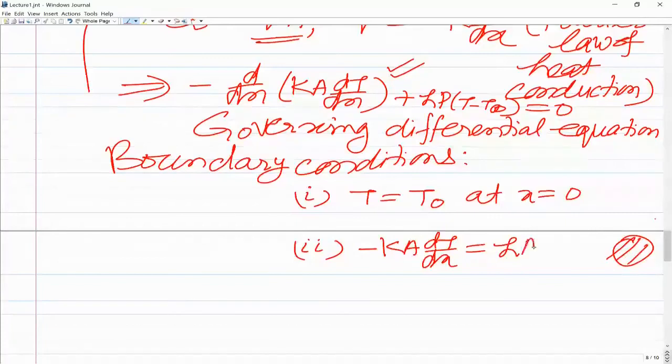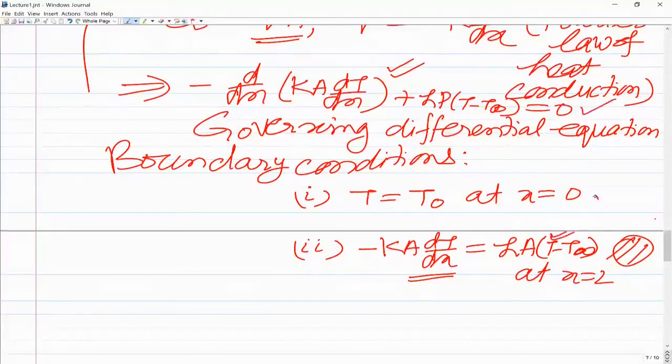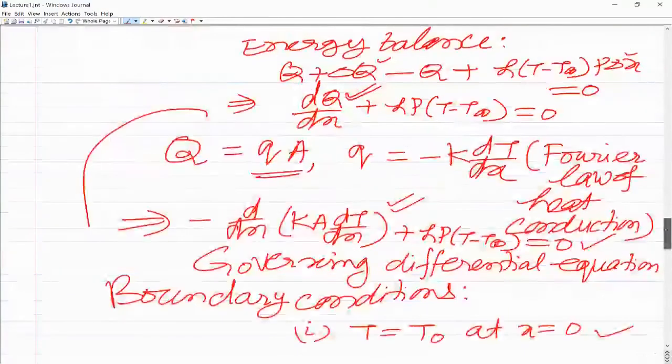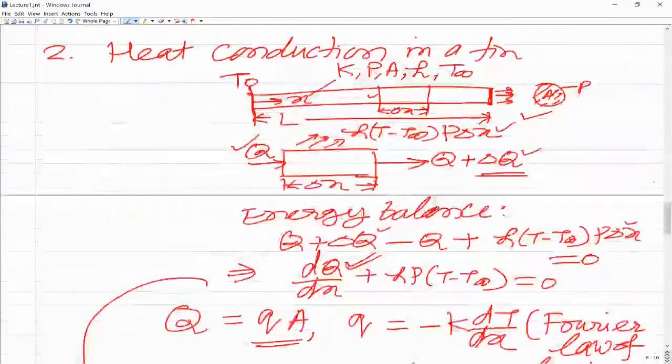So that would be h into A into T minus T infinity, at x is equal to L. You will notice that dT by dx is going to be evaluated at x is equal to L, and this T is also going to be evaluated at x is equal to L. So this is the second boundary condition. Again, this equation together with these two boundary conditions gives the mathematical model of this problem.